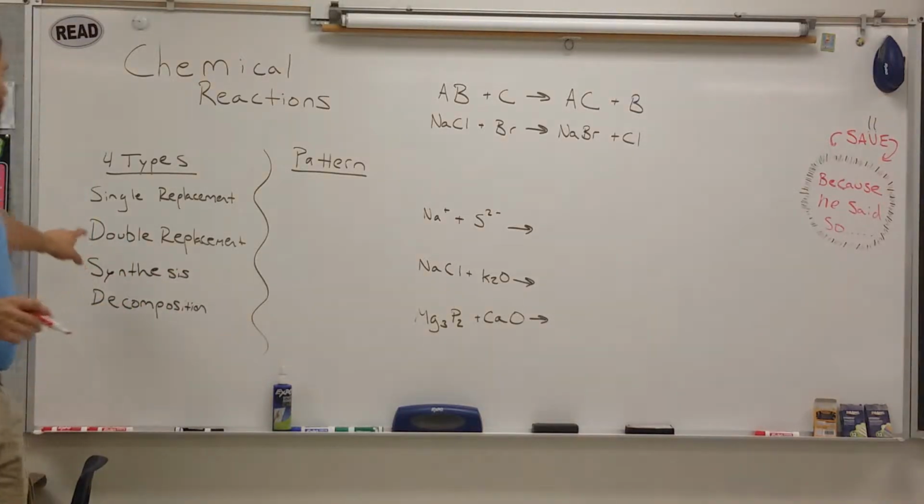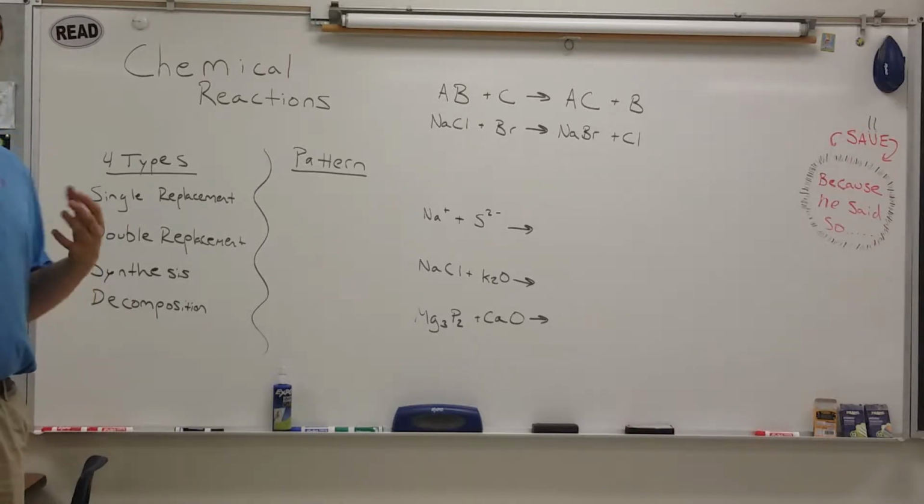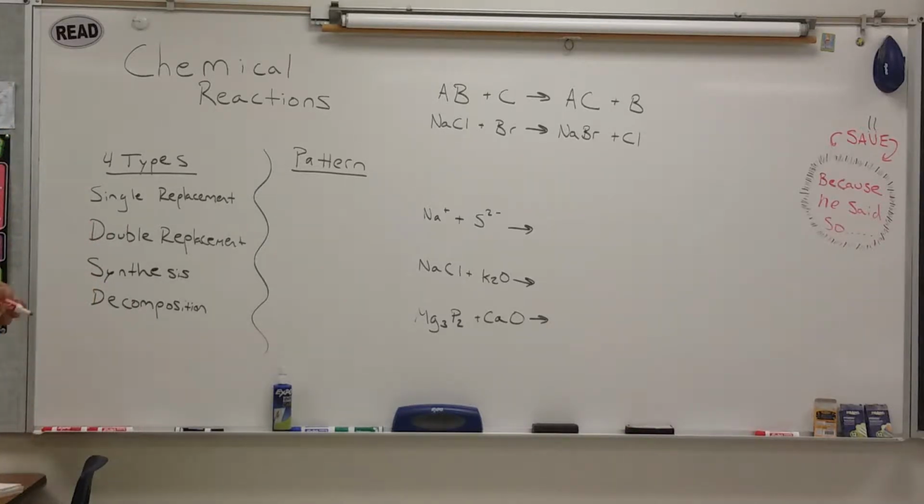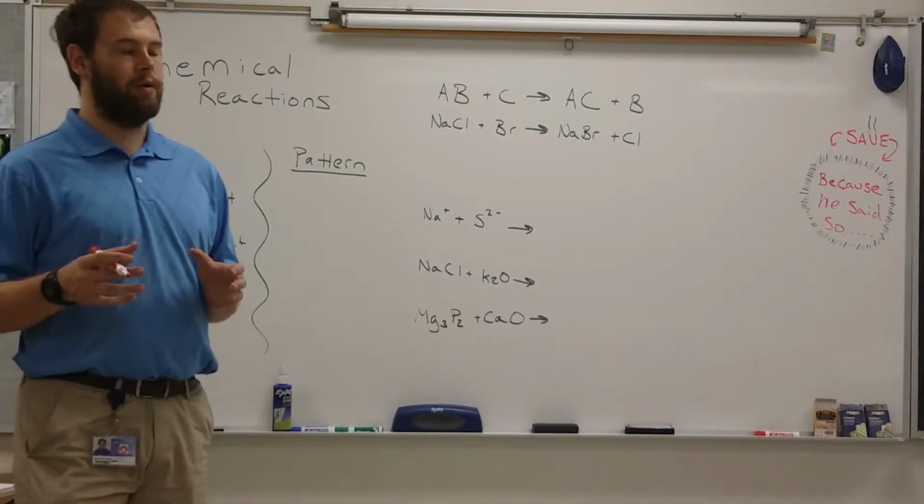Those four types are going to be single replacement, double replacement, synthesis, and decomposition. Now these are pretty simplistic names, and the reason we use them is because of the patterns that chemical reactions go in.